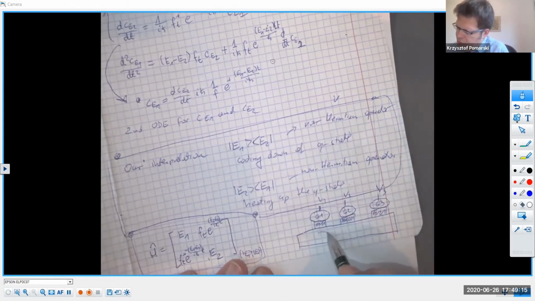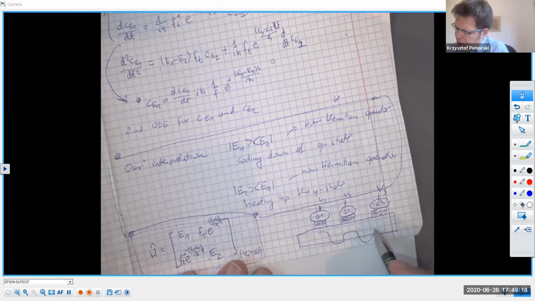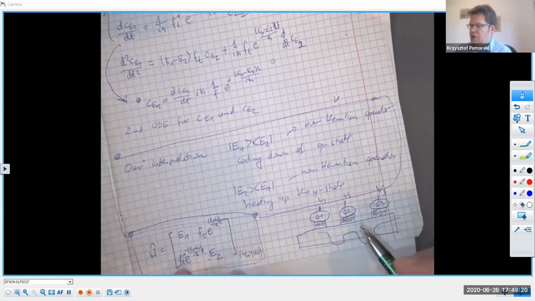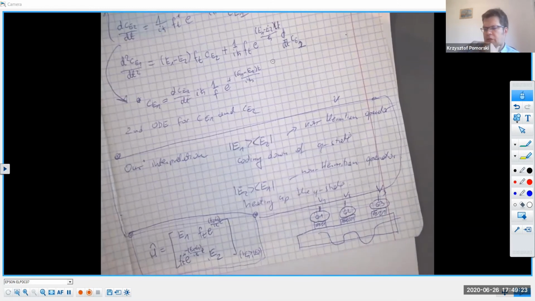So if your quantum state is kind of trapped here, then you can generate time-dependent potential. And it's very interesting that you would expect this time-dependent potential will absorb or emit a quanta of energy that is proportional to this energy difference between energy levels, as it's written in a Rabi oscillation term.